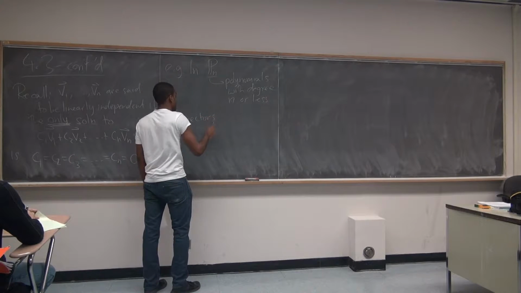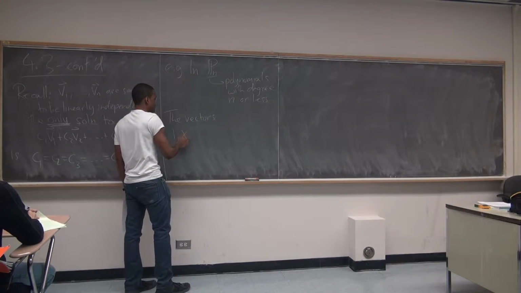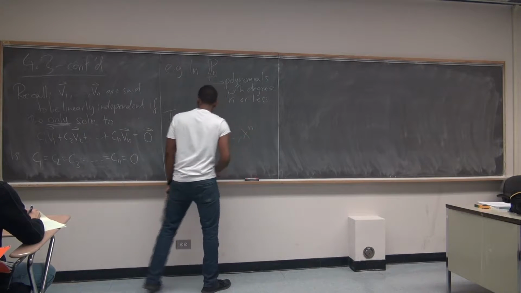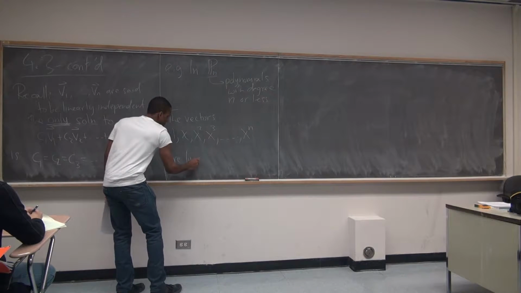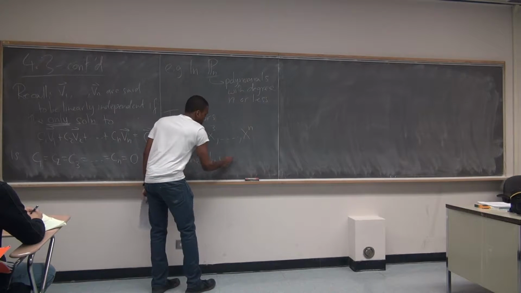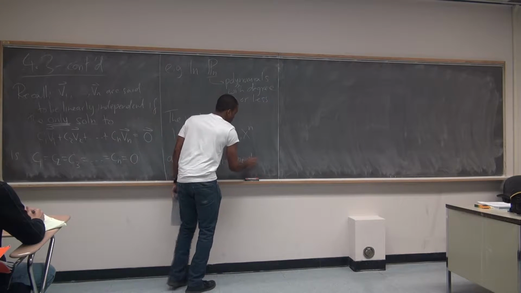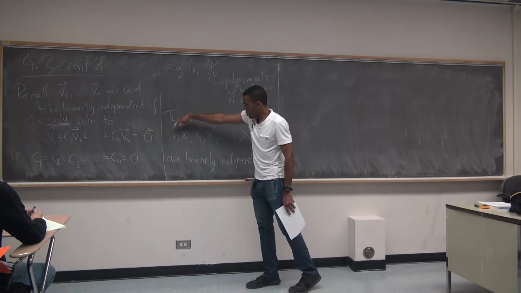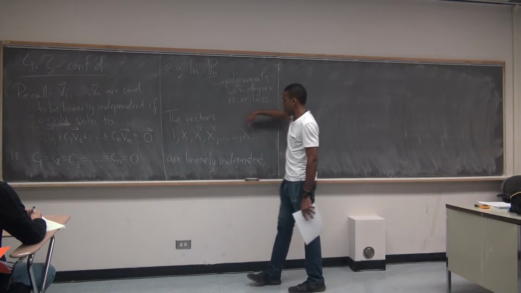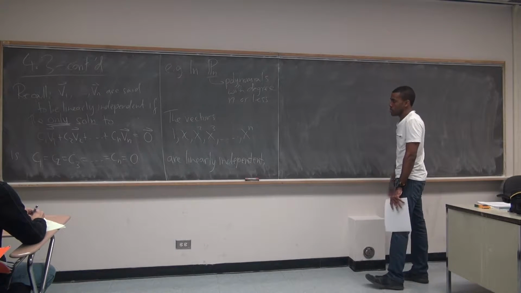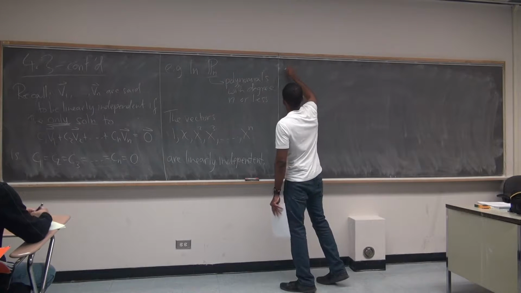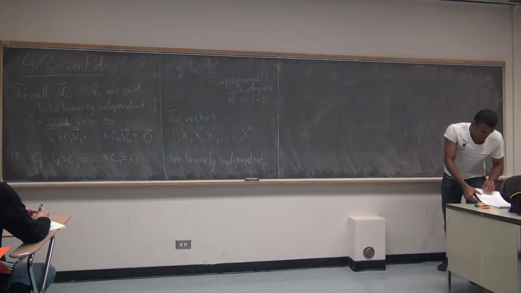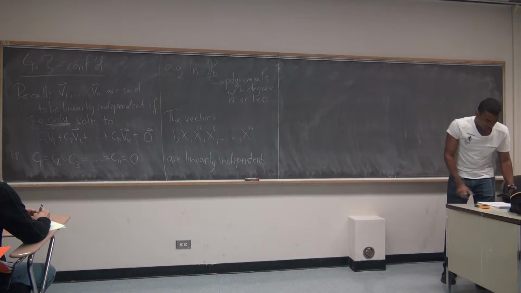The vectors 1, x, x squared, x cubed, all the way to xn are linearly independent. So that's another example. If I say C1 times 1 plus C2 times x plus and so on, set that all equal to 0, the only solution could possibly be all the C's equal 0. That you can check, it's not hard to show.